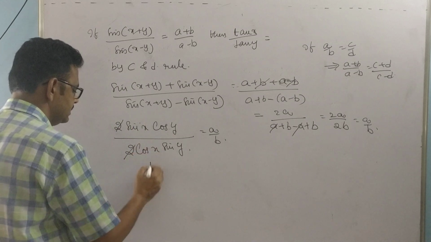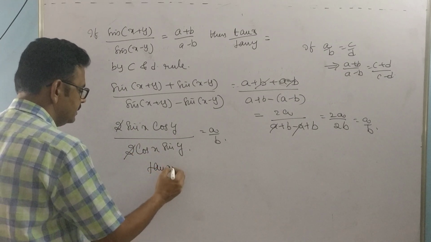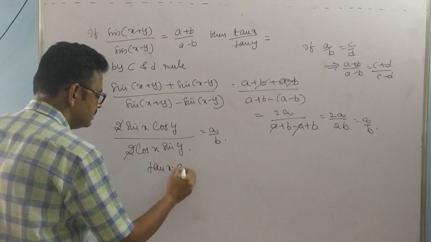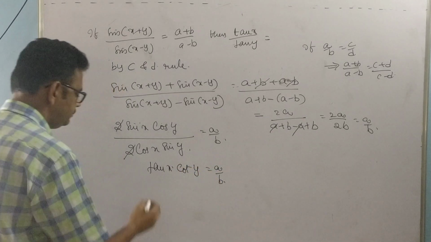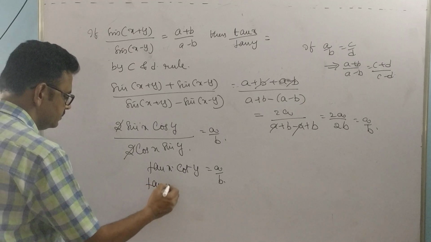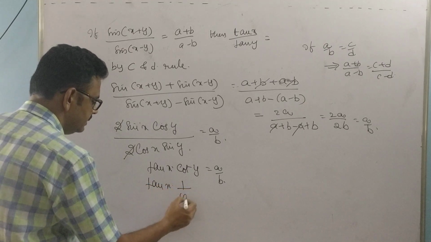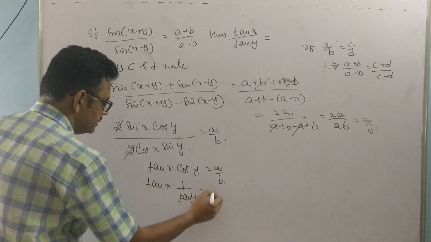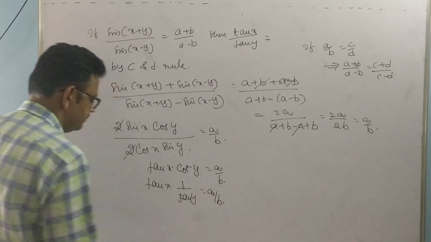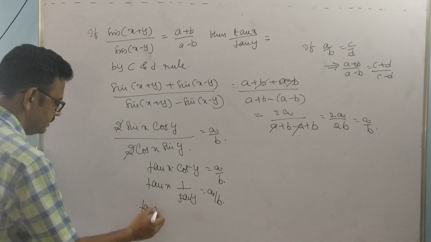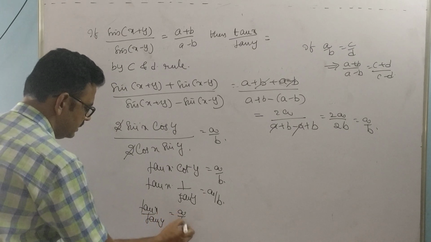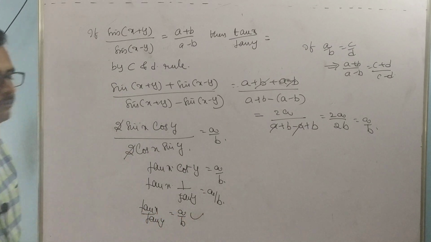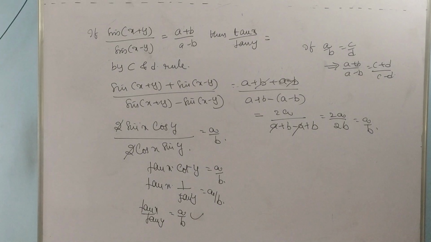Sin by cos is tan x, into cos by sin is cot y, equal to a by b. So tan x into 1 by tan y is equal to a by b. Therefore, tan x by tan y is equal to a by b.